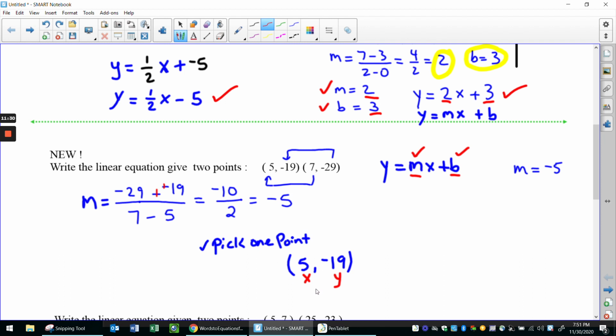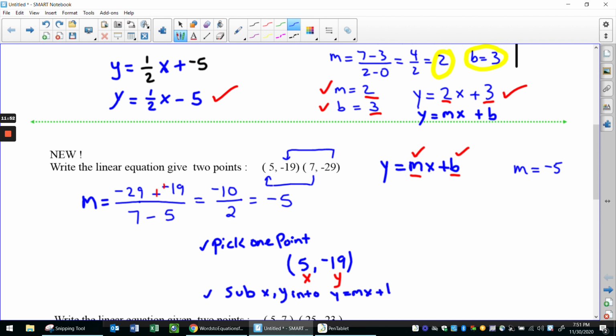And what you're going to do is substitute this x and y into the equation. So the next step would be to substitute x and y into y is equal to mx plus b.